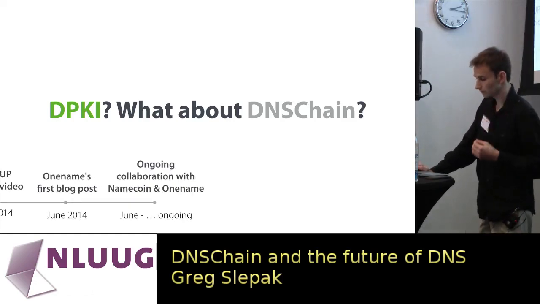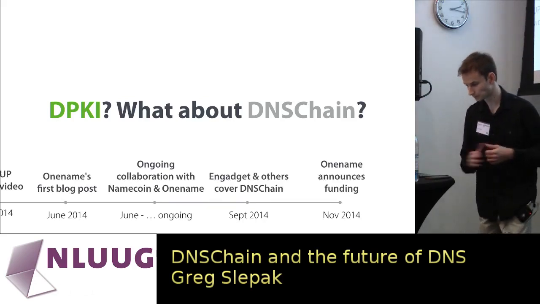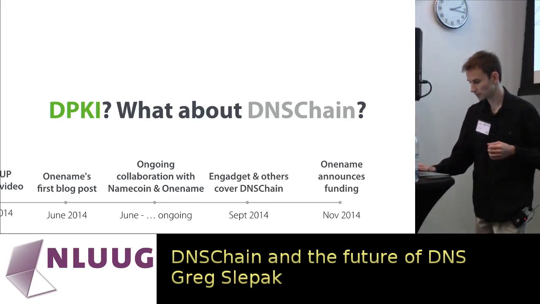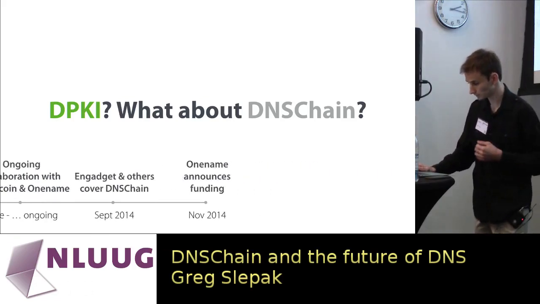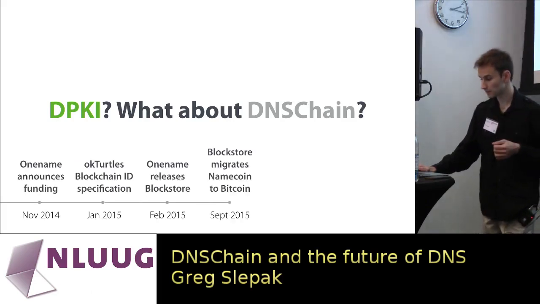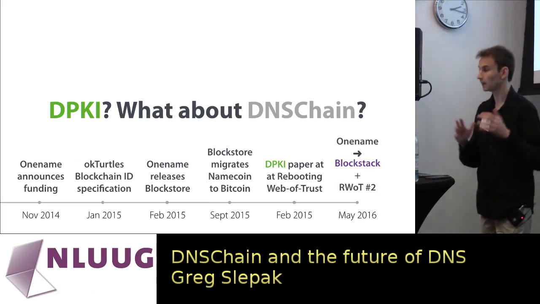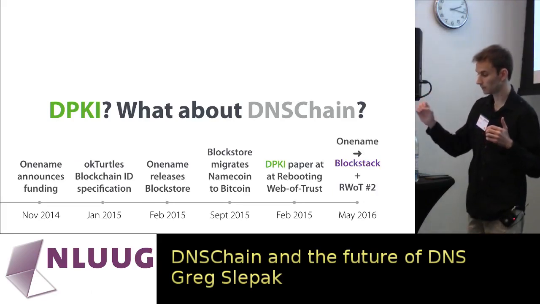So this results in an ongoing collaboration with OneName, and of course I was collaborating with Namecoin beforehand. Covered in Engadget. OneName announces funding. We release the blockchain ID specification. OneName releases Blockstore. They move from Namecoin to Bitcoin.